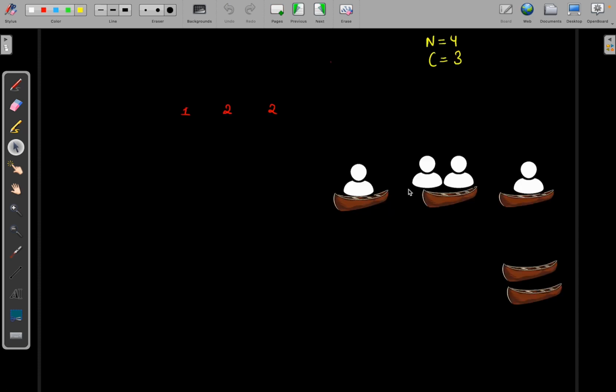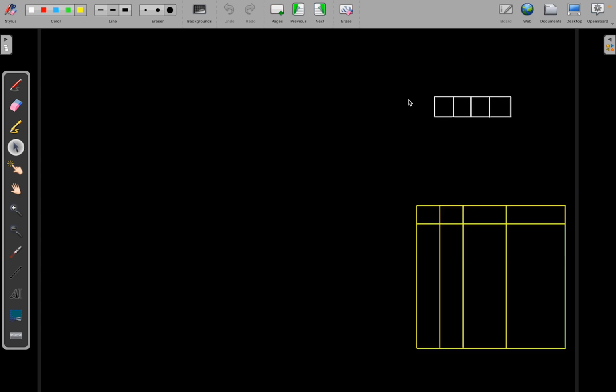I hope this is clear to you, how we are filling these boats. Now think about how we can solve this problem. In the problem, we had weights 1, 2, 2, 3, and this was our array.